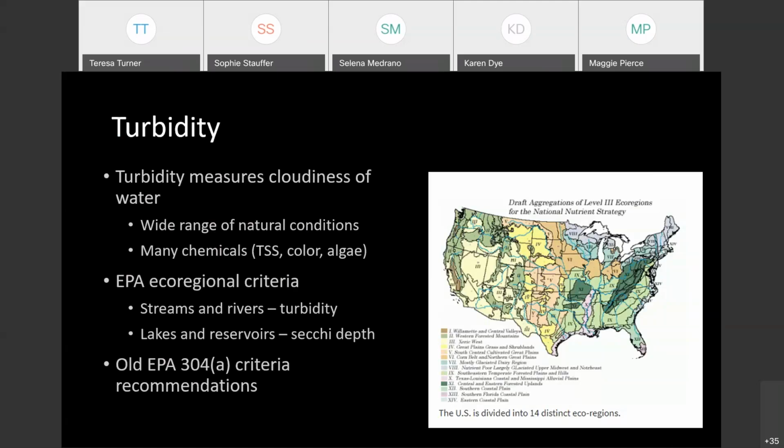EPA established some ecoregional criteria back in the early 2000s. For streams and rivers, the criteria were straight up in the form of turbidity. For lakes and reservoirs, it's a related indirect measure of turbidity in terms of Secchi depth. And then EPA also had some very old 304(a) criteria recommendations for turbidity.